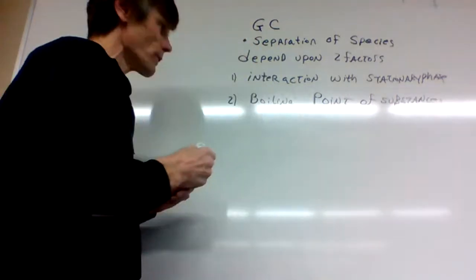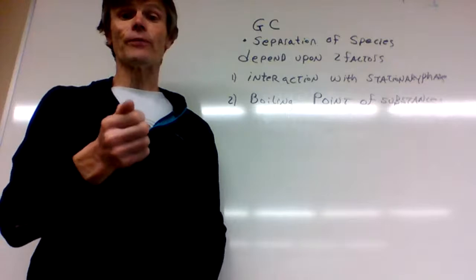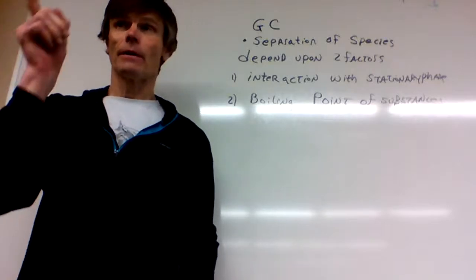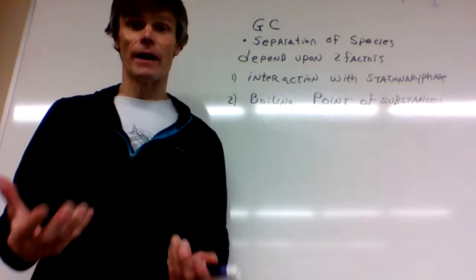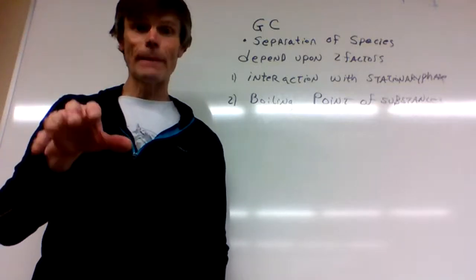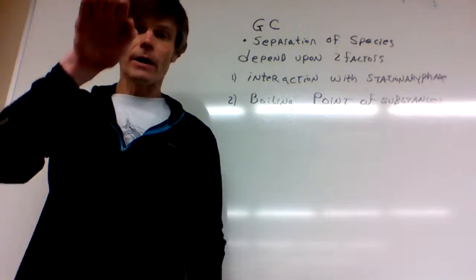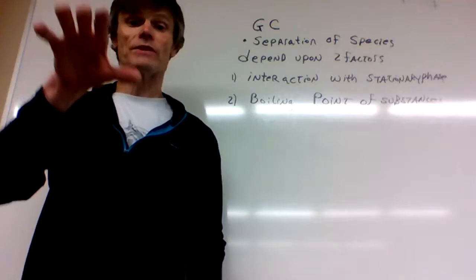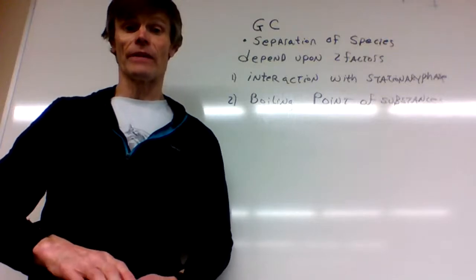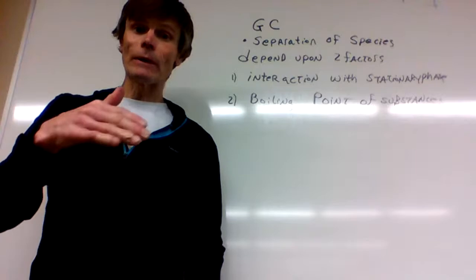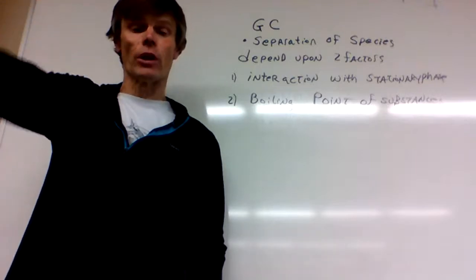Now, this is an important feature also, and it's one of the features that we can influence in the course of our experiment. Our column is within an oven. Now, that oven's temperature is usually going to start during the experiment a little bit lower than the boiling points of all of our substances that are in that oven. When we increase the temperature, and normally we do this in a ramp, we come up slowly.